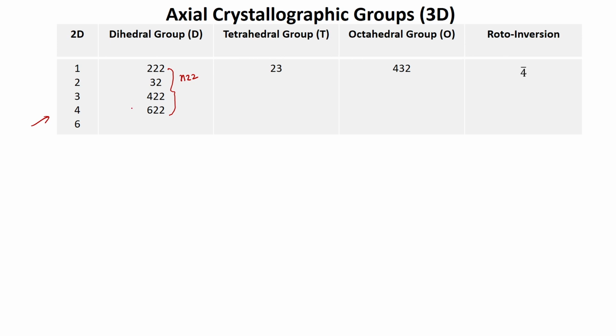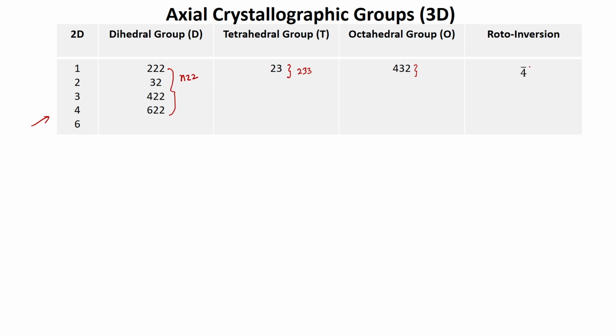Then in the last lecture, we had seen 2 more combinations, of the type 2, 3, 3, and 4, 3, 2, and we also saw that these particular combinations get accommodated in a cube. So, these basically become the cubic point groups.